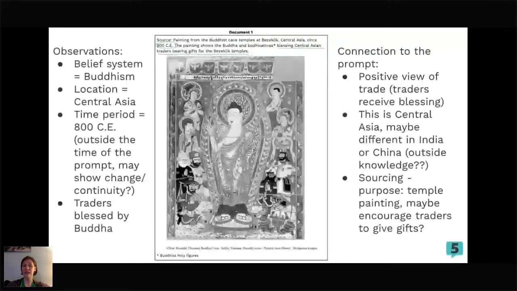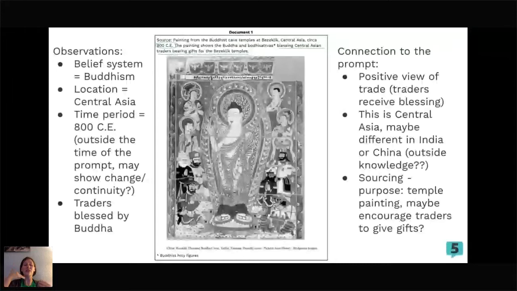This is a painting at a temple. And the painting at the temple is showing traders or merchants who brought gifts for the temple getting a blessing. So if I came to the temple and I saw this painting, oh, those guys who brought gifts received a blessing, what is that supposed to make me want to do? Give gifts at the temple.